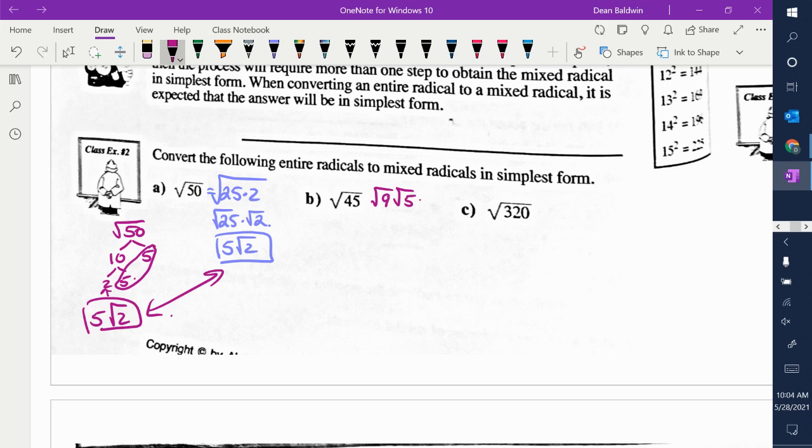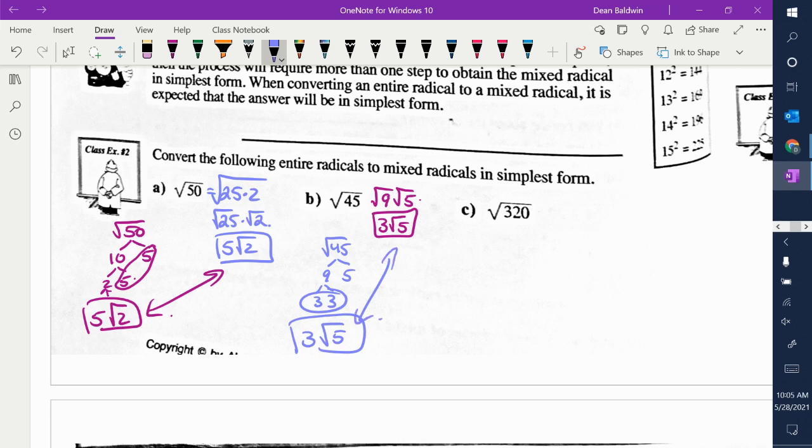Square root of 9 is 3, so it's 3 root 5. If you want to do it the factor tree method, you can go 9 and 5. 9 is 3 and 3. I'm looking for groups of 2 because the index number is 2. So that goes onto the outside, and I'm left with a 5 on the inside.